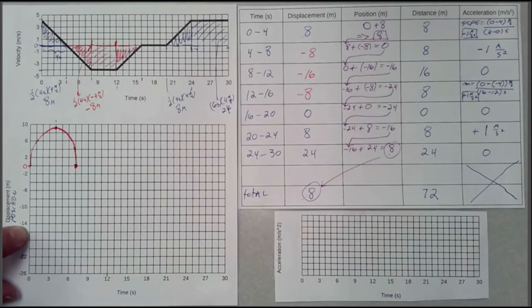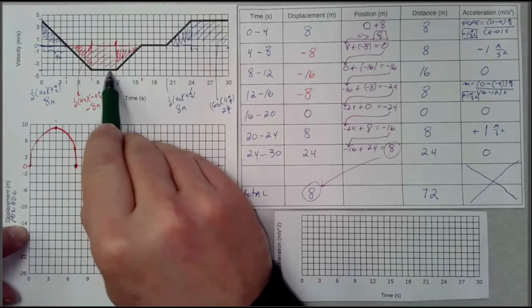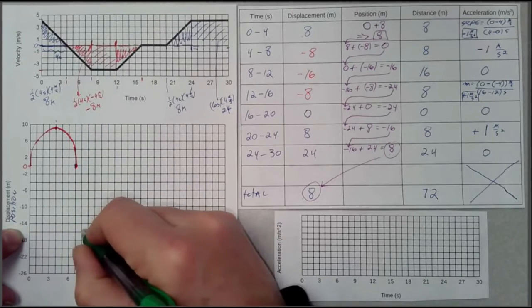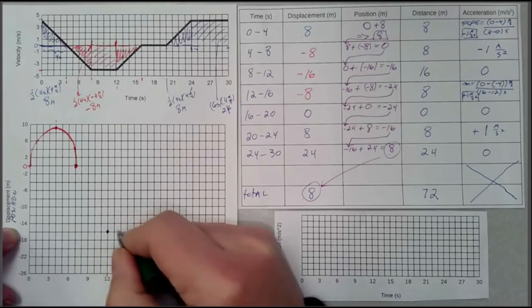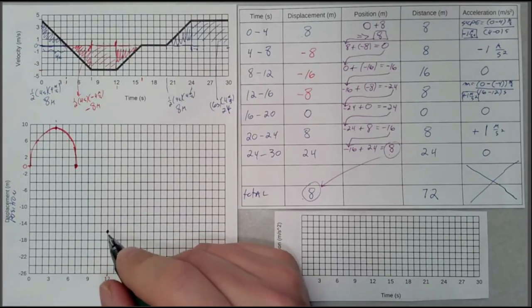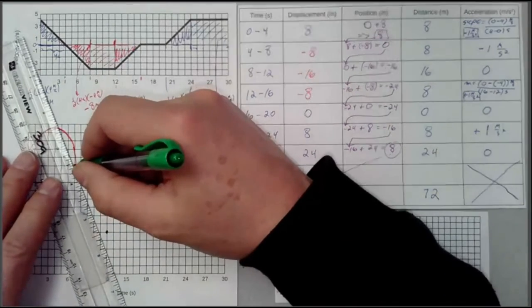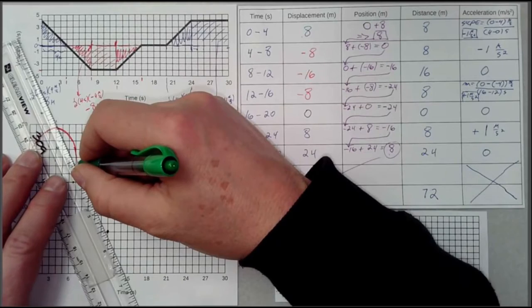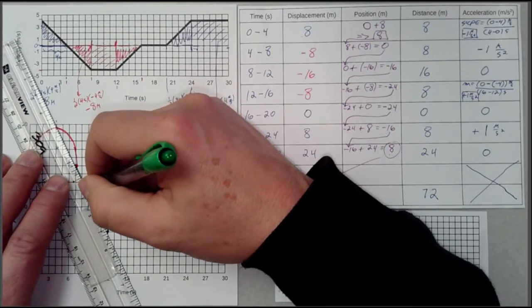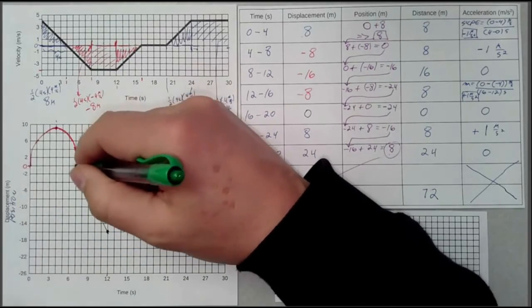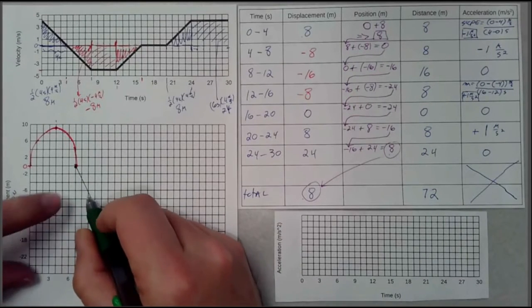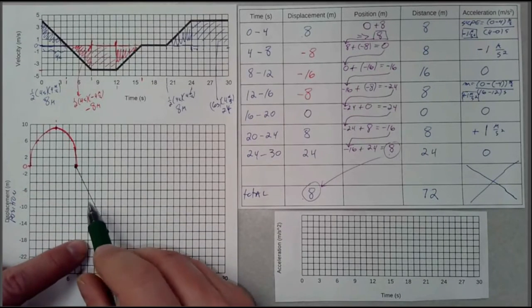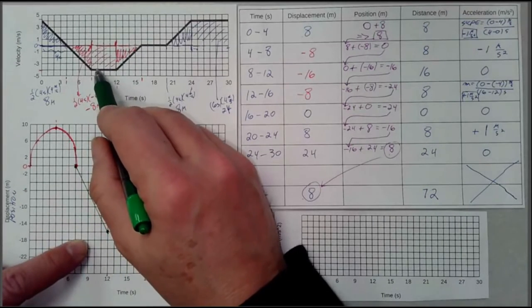However, this is constant velocity, right? So 12, 16, that's this. So from here to here, it moves with a constant velocity, all right? Now, if I found this slope, this slope should equal -4, right?